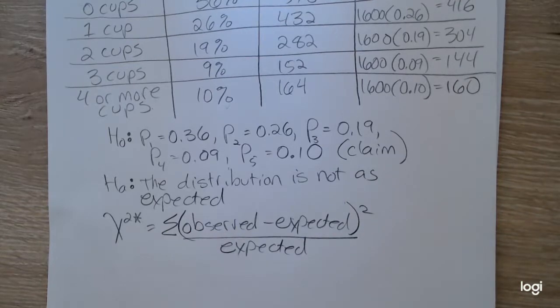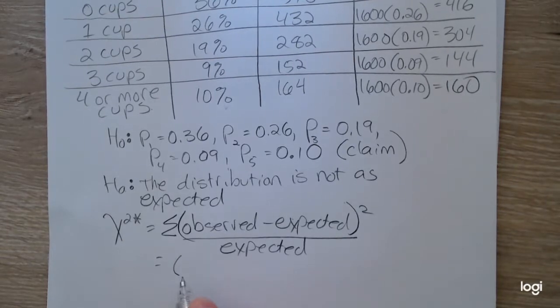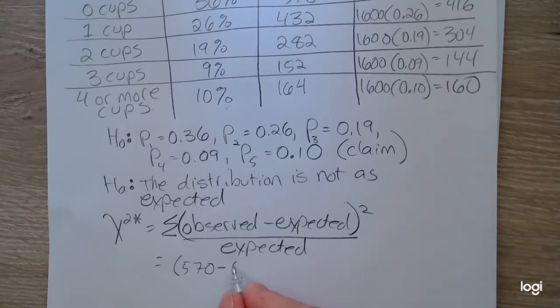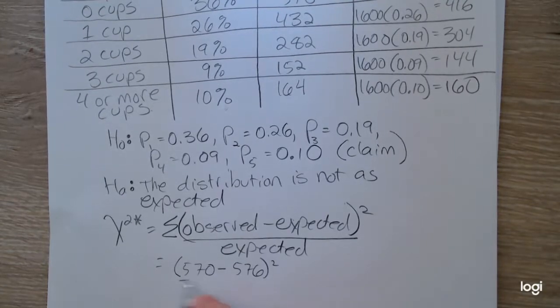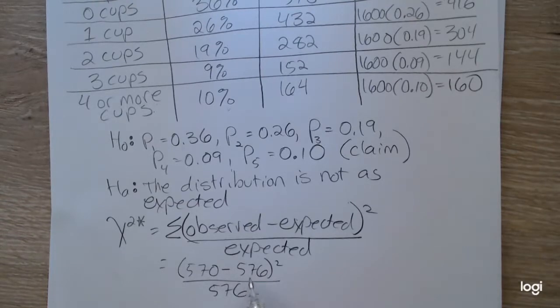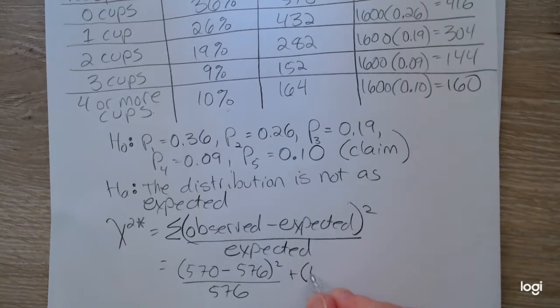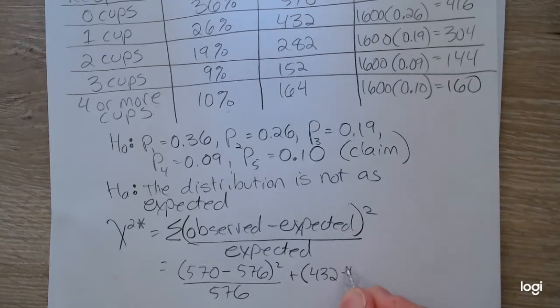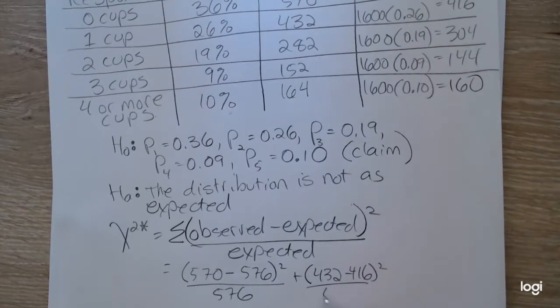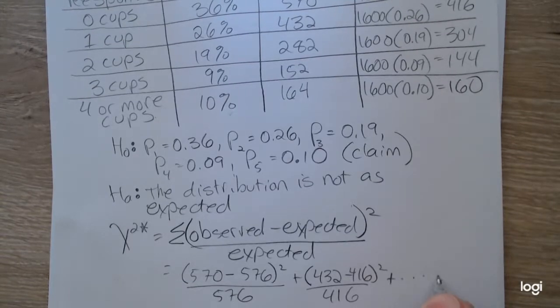All right, so I'm going to use the TI-84's goodness of fit function to actually find this. Okay, if I wanted to do this by hand, I would take each observed count minus the expected for that category and divide it by the expected. That's the first one. But then I'd have to add it to the next one, and so on, all the way down to the last category.